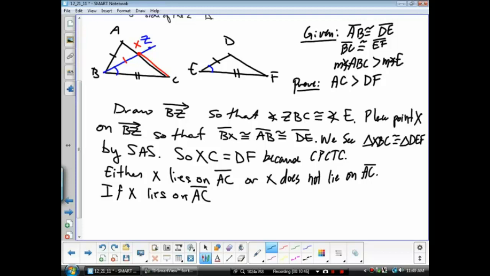So by substitution, since XC and DF are equal, AC will be greater than DF. Because we know XC and DF are equal in value.